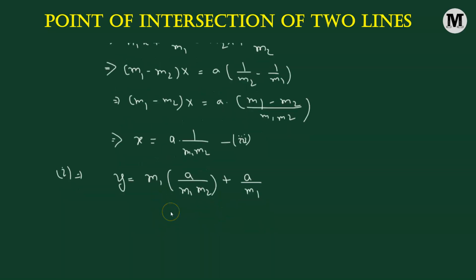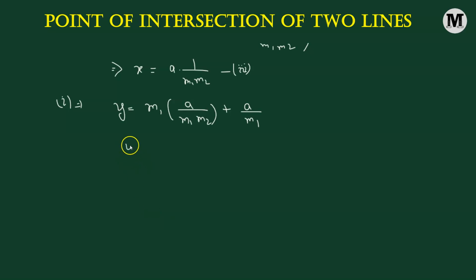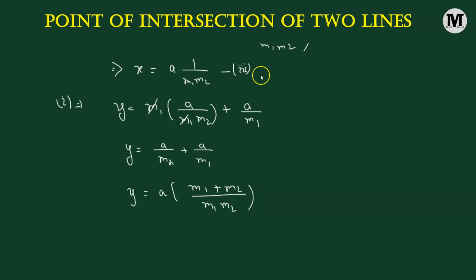So here y will be equal to, we can factor out m1 from the numerator and the denominator, a over m2 added to a over m1, which means that the corresponding y value comes out to be a multiplied by (m1 plus m2) divided by m1 times m2. So we have obtained the value of y. Let's label this as number 4.